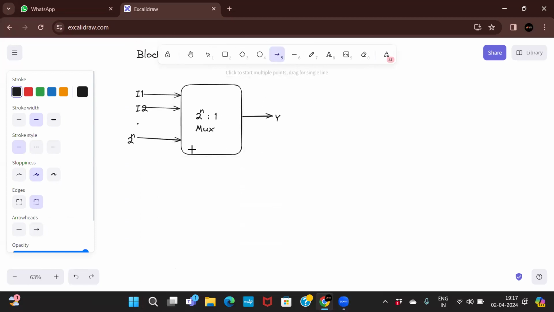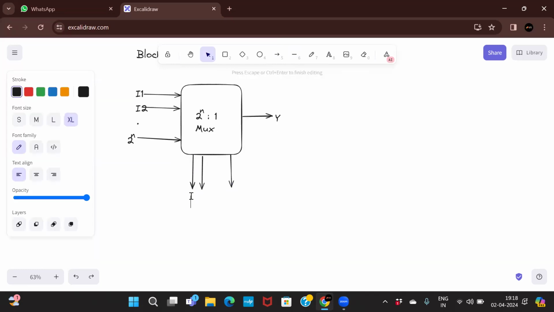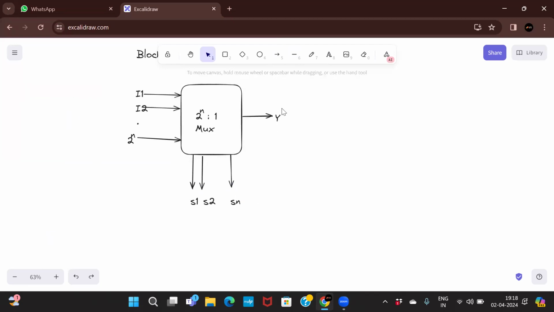Consider here S0, S1, S2, up to Sn, n number of select lines.